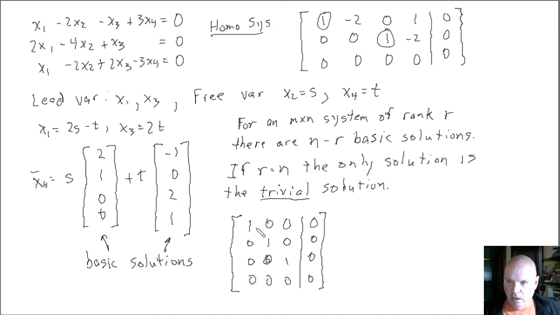But then I have no free variables. My lead variables are x1, x2, and x3. I've only got 3 unknown variables here. And in this case, this is full rank. n is equal to 3. The rank is equal to 3. The only solution here would be where all x's are equal to 0, and that's called the trivial solution.